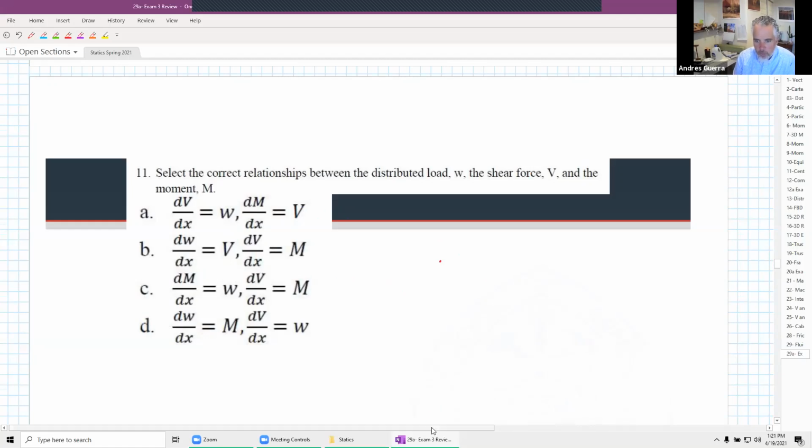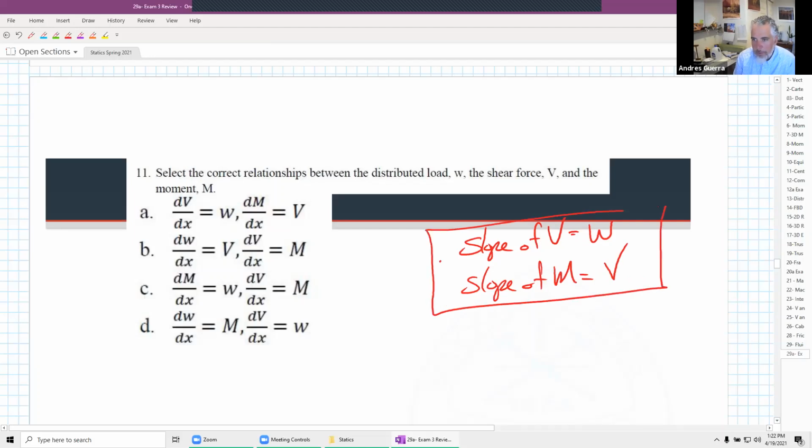When we have been doing our V and M diagrams, we've been talking about how the slope of V is equal to W and the slope of M is equal to V. Those are really our two main equations that we have for our mathematical relationships between W, V, and M.